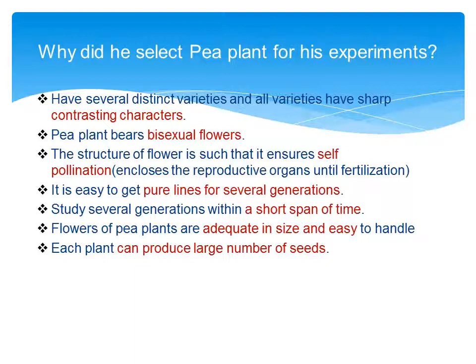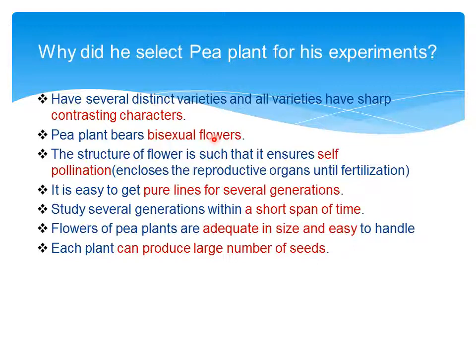Now, why did he select the pea plant for his experiments? We all know that Mendel selected the garden pea plant for his experiments. So, what are the characteristics of the garden pea plant for which he selected it? Pea plants have several distinct varieties, and they all have sharply contrasting characters such as color and the shape of the seeds.